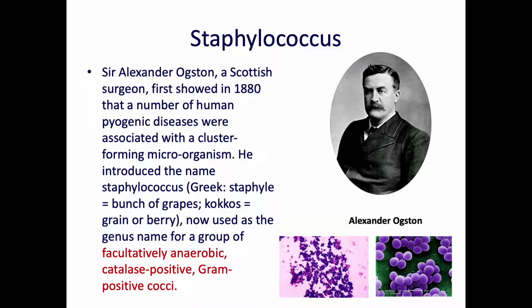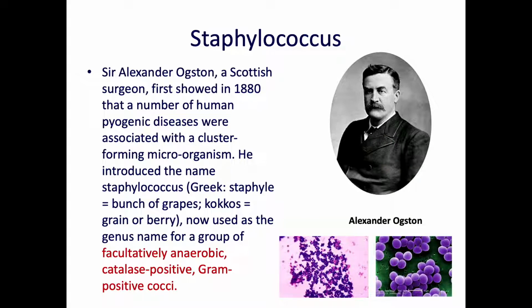So Staphylococcus was discovered by the Scottish surgeon Sir Alexander Ogston. In 1880, he was trying to study these bacteria under the microscope, and he found that there are cluster-forming microorganisms associated with different pyogenic diseases.